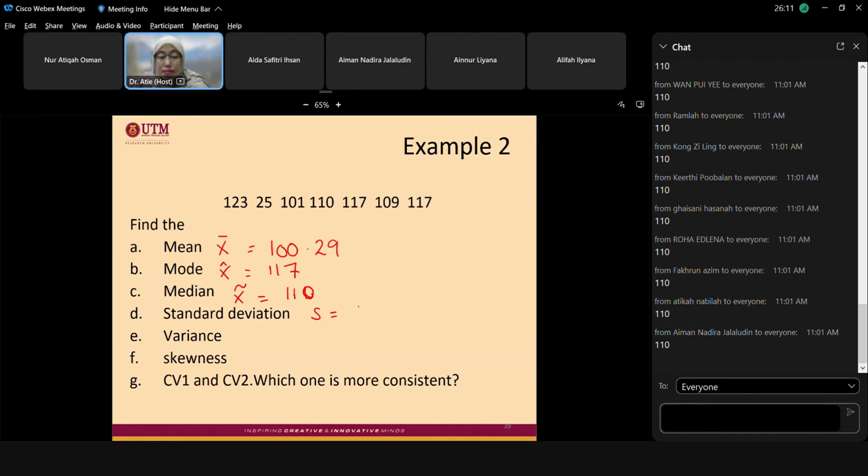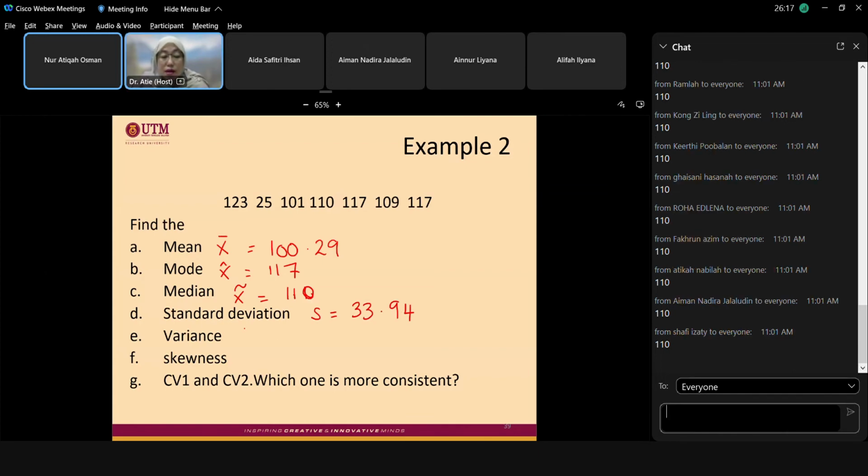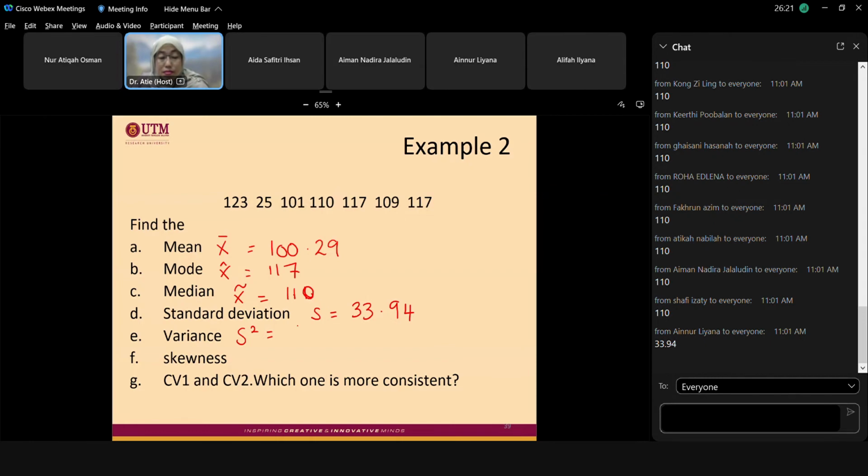The standard deviation is 33.94. Okay, and how about the variance? Variance is 1152.24.